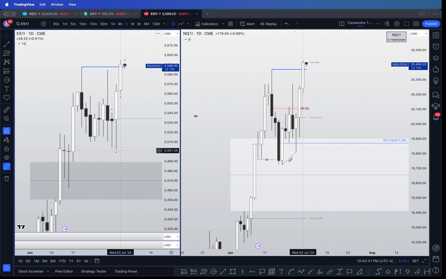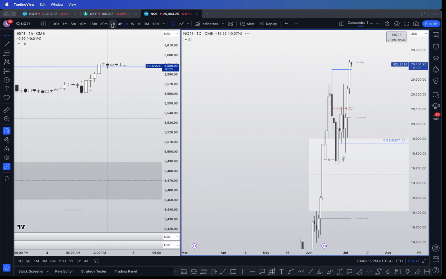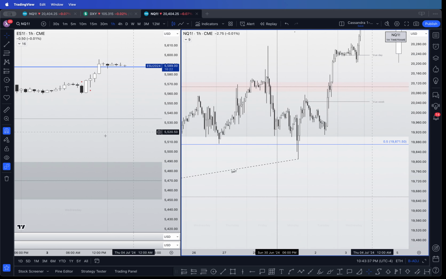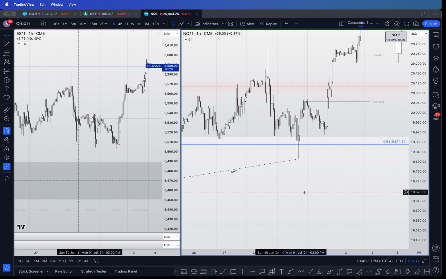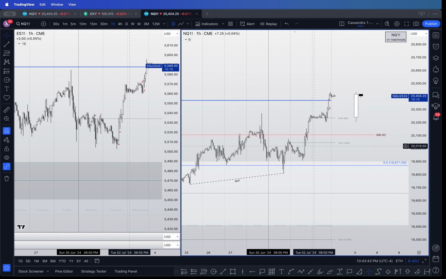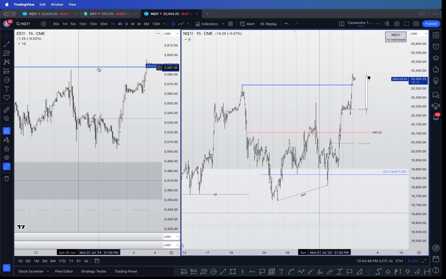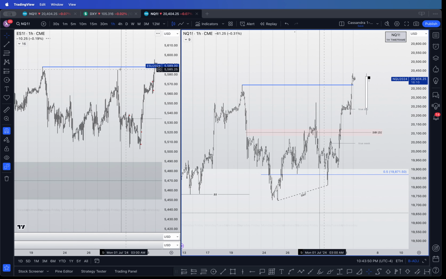Then you see the first way ICT teaches SMT, which is to focus on the pair that makes the higher low, but only because of the context, not because it's a higher low. And then, of course, you can see all week we get that stronger delivery into our only objective order paired target, previous week high, all-time high.